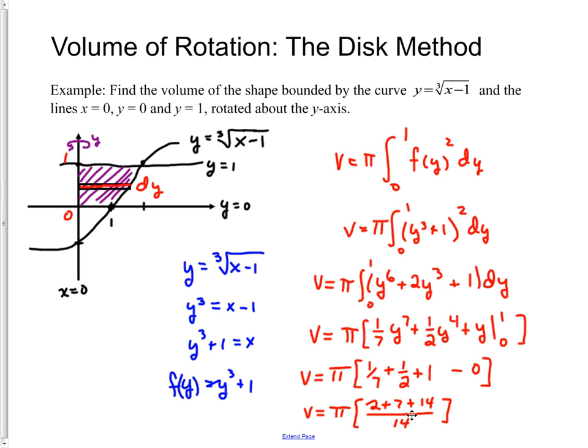That is to say 2 plus 7 plus 14 over the LCD of 14. And rewriting that a bit, 2 plus 7 is 9, plus 14 is 23. So our volume is going to be 23 pi over 14 units cubed.